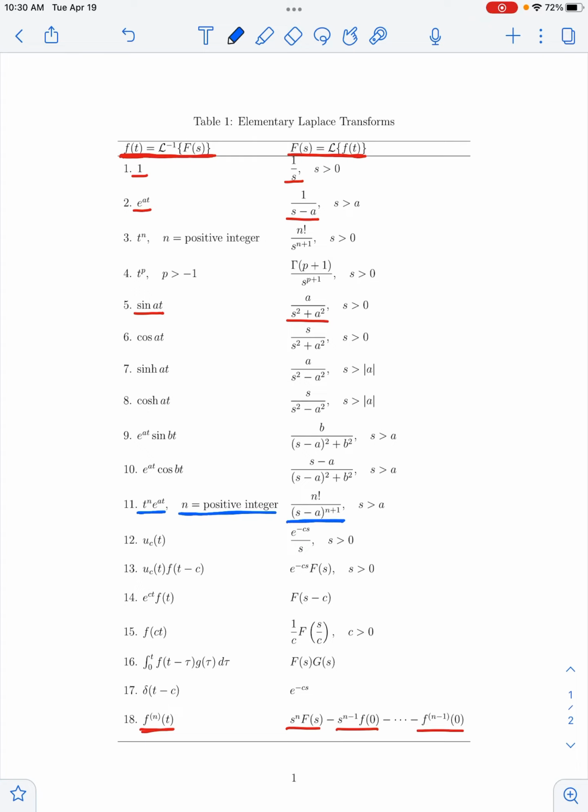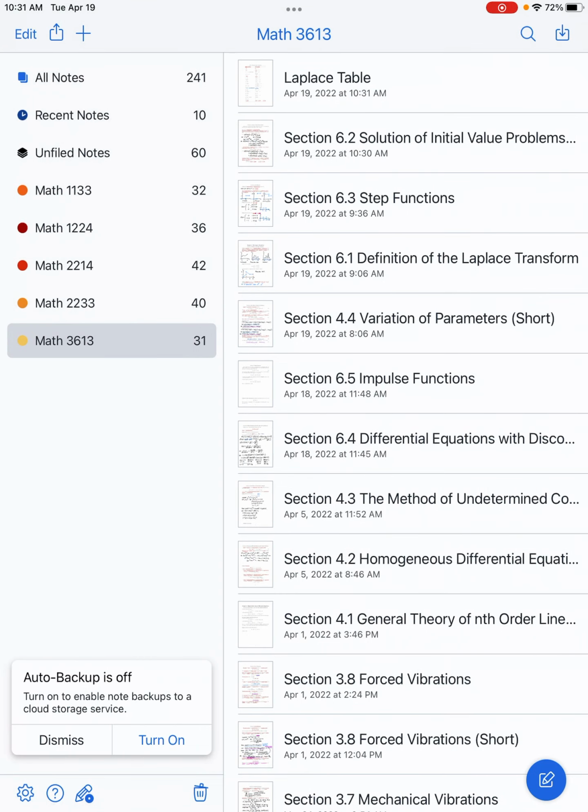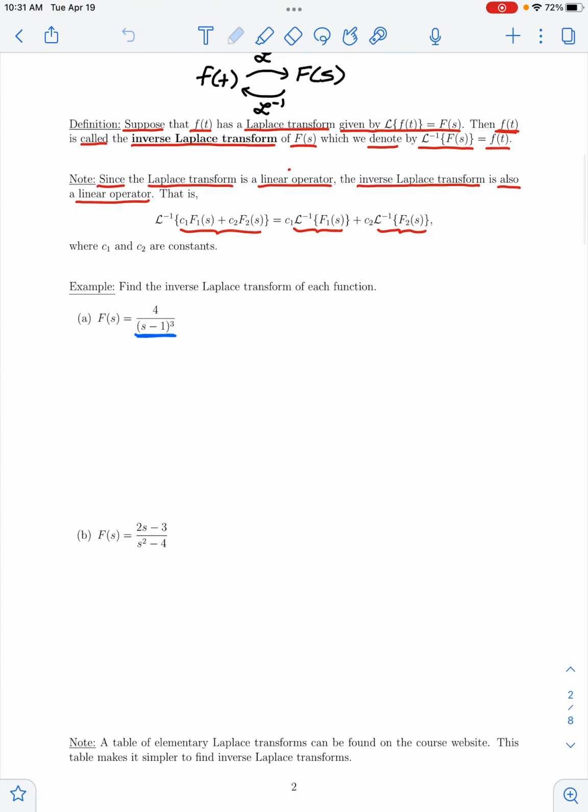So in order to make my function look more like what's given in this Laplace table, let's rewrite it in that exact form. So my denominator, (s minus 1) cubed, well, I can think of that as (s minus 1) raised to the 2 plus 1 power, so that n is 2.